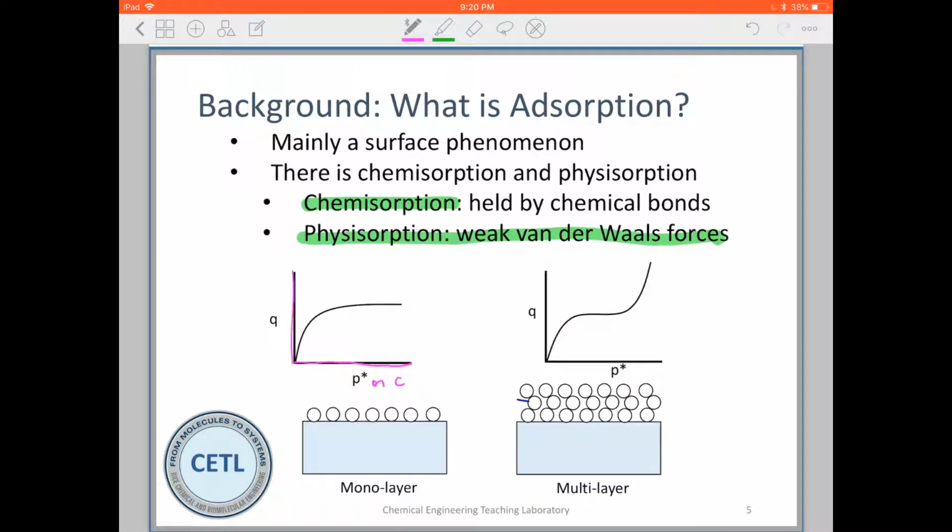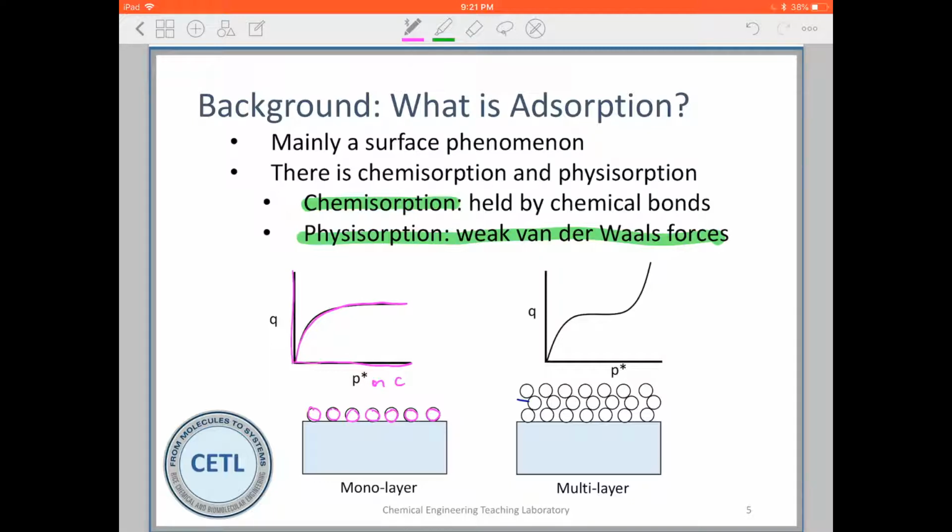If you have a system where you see a monolayer, you're going to get something that looks like saturation kinetics, very similar to your Michaelis-Menten kinetics. The reason is simply that once you have filled in your monolayer with these adsorbate particles, you cannot fill it any further, so it's saturated.